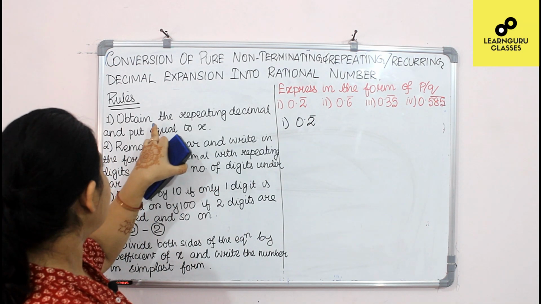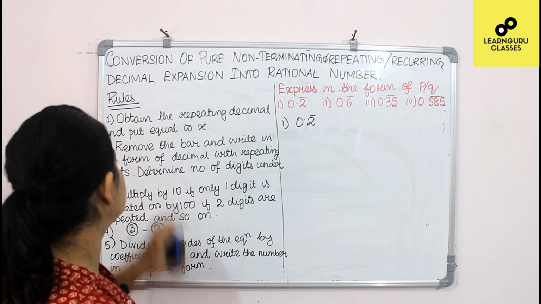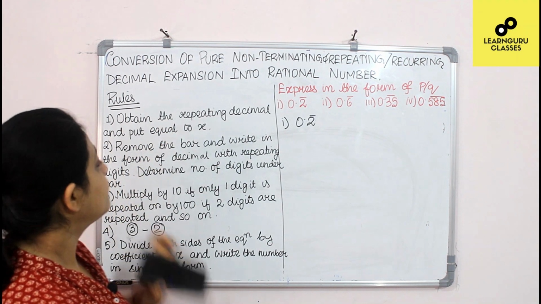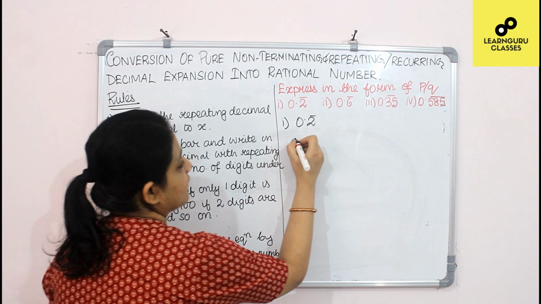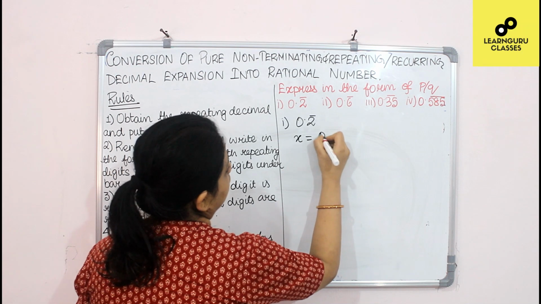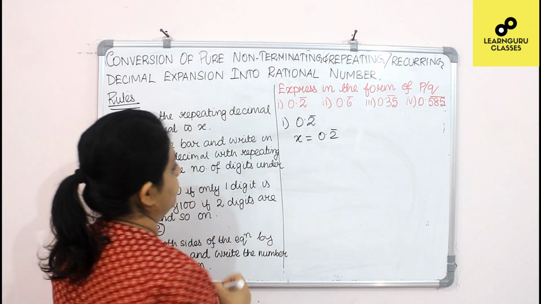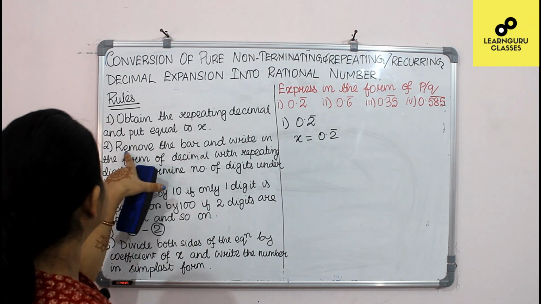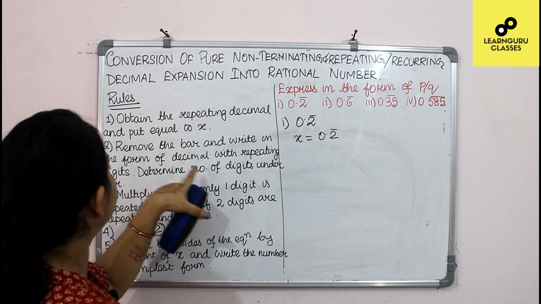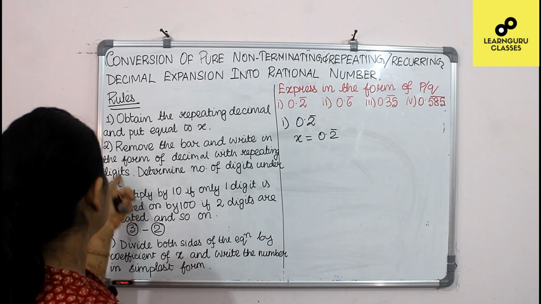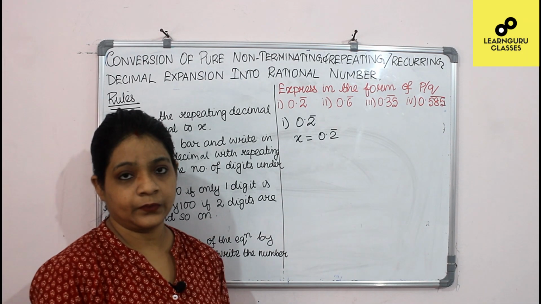The first step is to obtain the repeating decimal expansion and put it equal to x. So this is 0.2, let us write it as x equal to 0.2 bar. Next, remove the bar and write it in the form of a decimal with repeating digits.